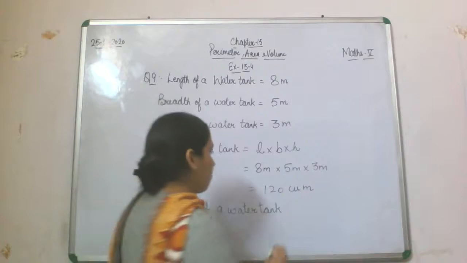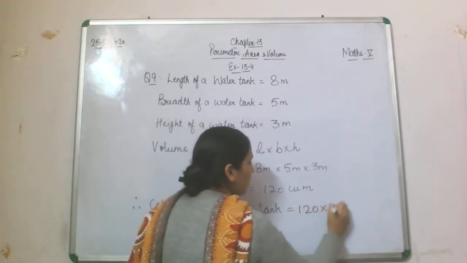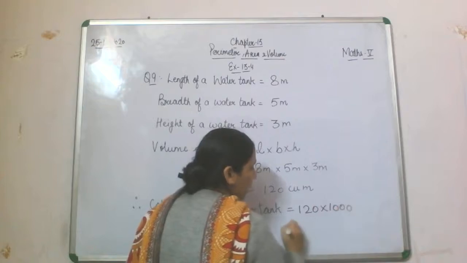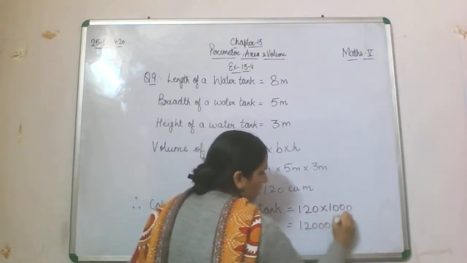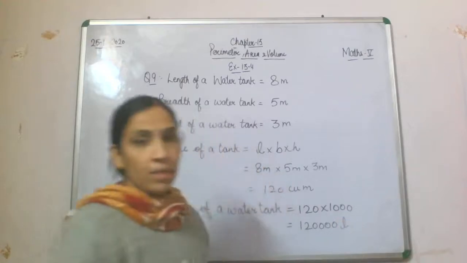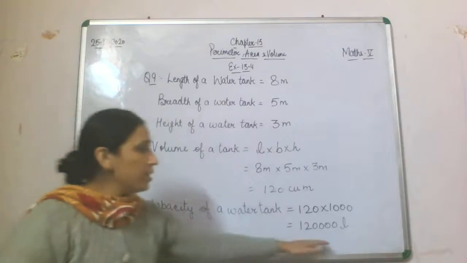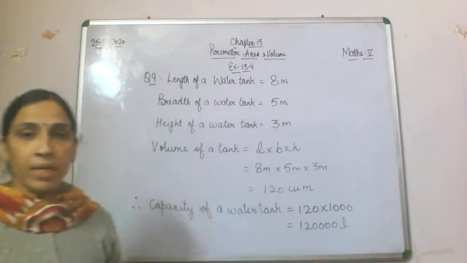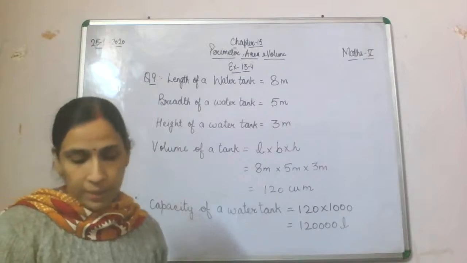So here 120 cubic meter will be multiplied by 1000, and now we are going to get this answer in liters. So that is your capacity of the given water tank.